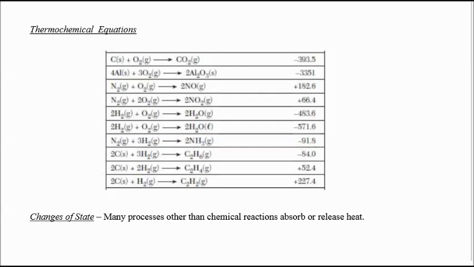If we look at table I in the reference table, which is copied here for you, we can see some pretty good information for a bunch of different equations. The first equation at the top we can tell is exothermic because it's a negative value.